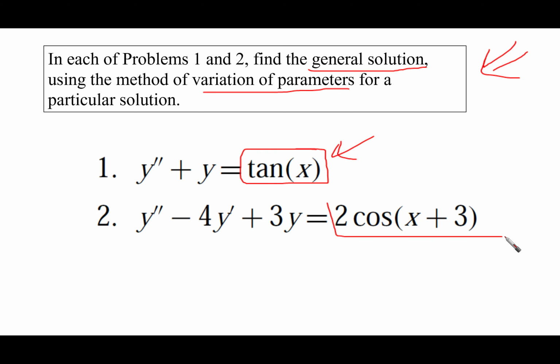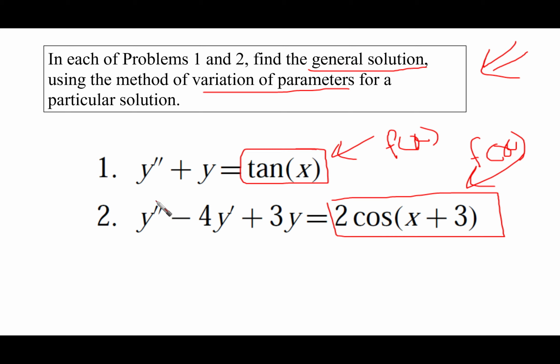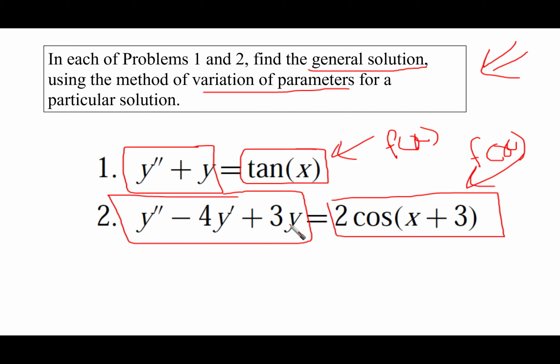In the second problem, this is f of x, right, as you know. And then you have y double prime plus y, okay, this is for your homogeneous equation, equating it to 0, and this is y double prime minus 4y prime plus 3y equals 0, in order to get the associated homogeneous equation and solve it.